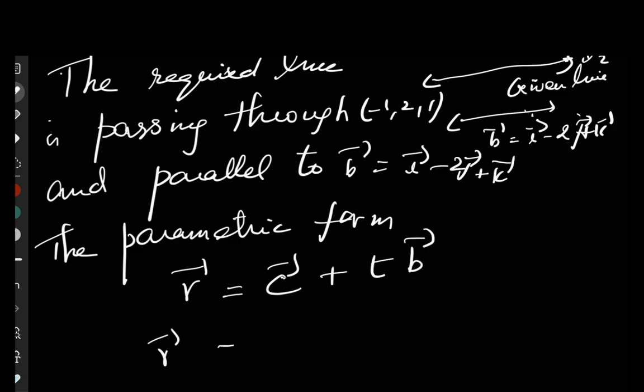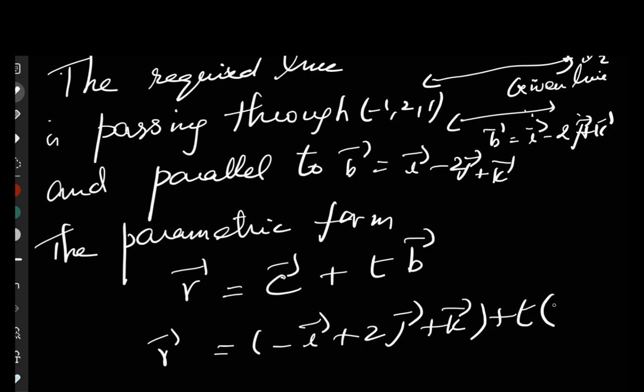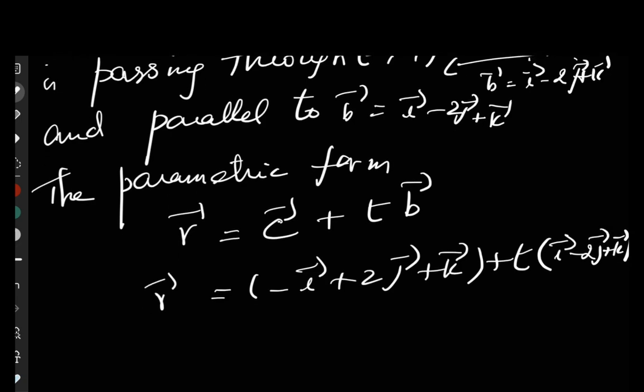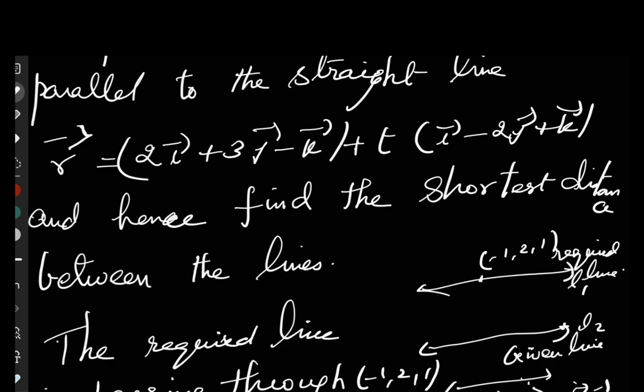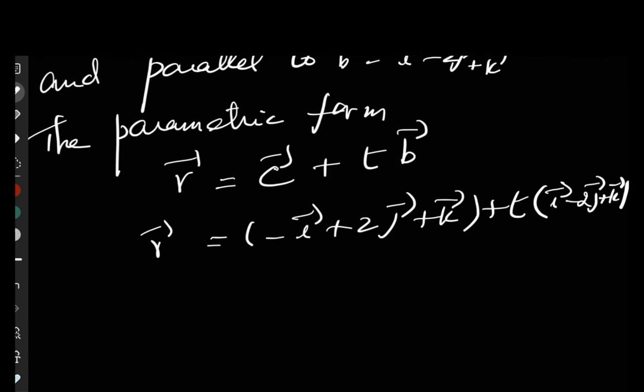So vector R is equal to C, which is minus i plus 2j plus k, plus t into vector B, i minus 2j plus k. So this is the parametric form of the equation. And see the next question: find the shortest distance between the parallel lines. Here you have to find the distance. They pass through two different points but are parallel to the same vector.